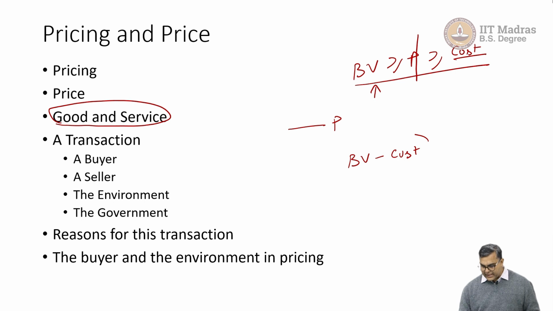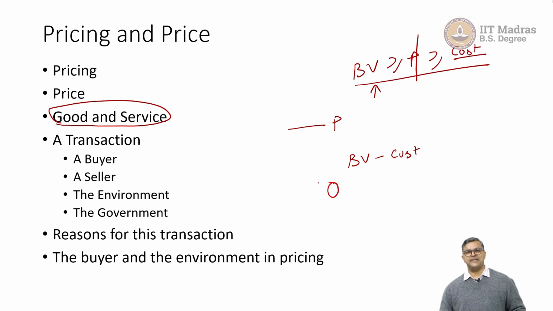So, let us say that you have an art piece, and for simplicity, let us say your value for that art piece is 0. You have absolutely no value for it.